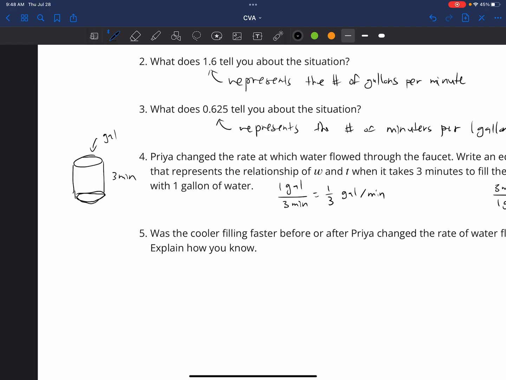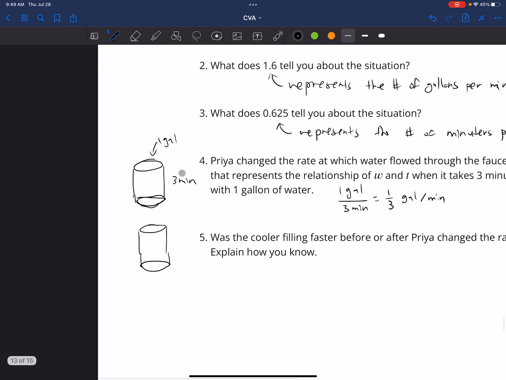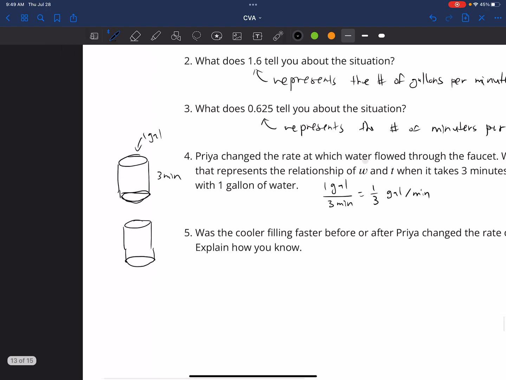It takes 3 minutes to fill up this entire thing, but after 1 minute, it's going to do 1/3. It's only going to fill up 1/3 of a gallon in 1 minute.